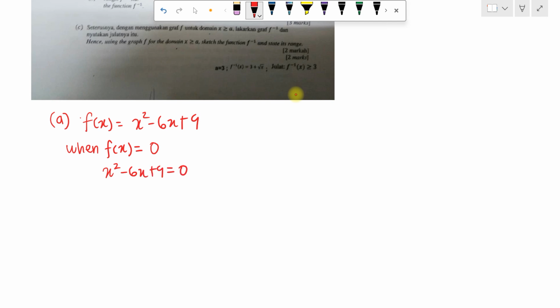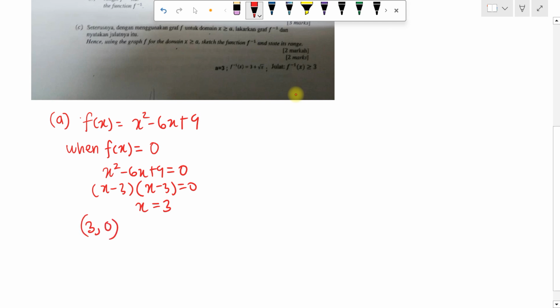And when you solve this through your calculator, you should be getting (x minus 3) only, correct or not? x minus 3 equals 0, so x equals 3. So from here you get a point, right? (3, 0).